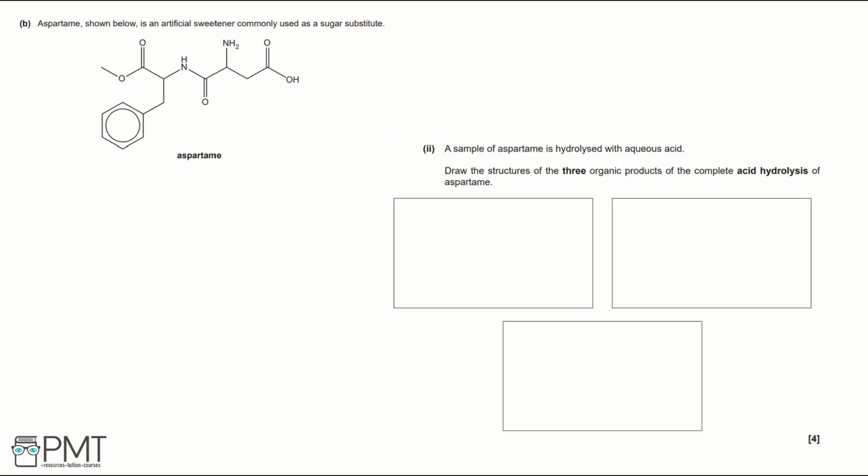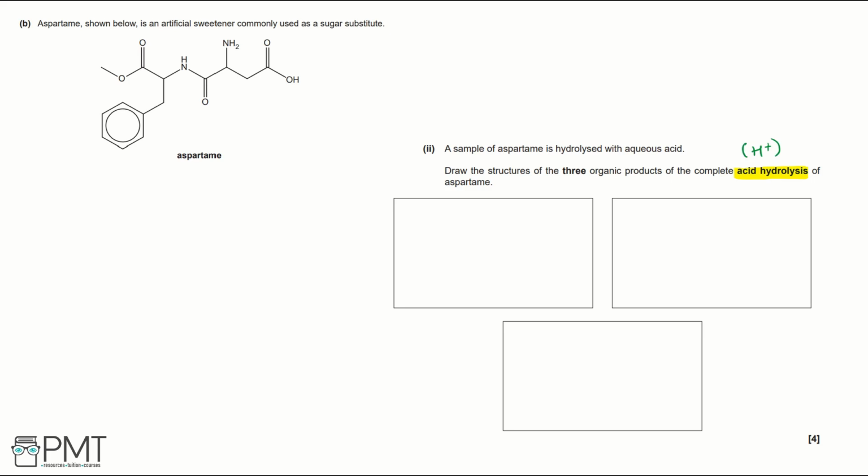Part 2. A sample of aspartame is hydrolyzed with aqueous acid. Draw the structures of the 3 organic products of the complete acid hydrolysis of aspartame. So acid hydrolysis is when you're going to react with H+ and break some bonds.